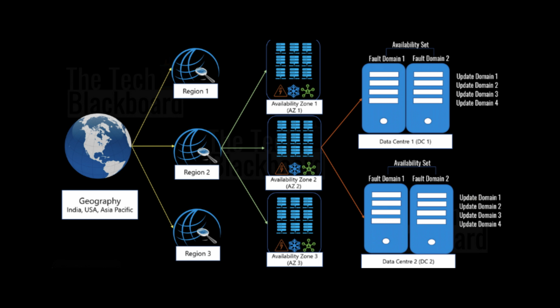Then this is distributed into further regions, region 1, region 2, region 3, and every region must have zones. You can see region 2 has availability zone 1, availability zone 2, and availability zone 3. The same goes for region 1 and region 3. Any region may have more than one zone as well, because it depends on the area.